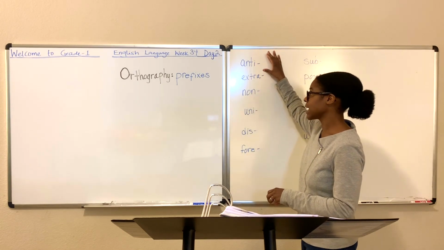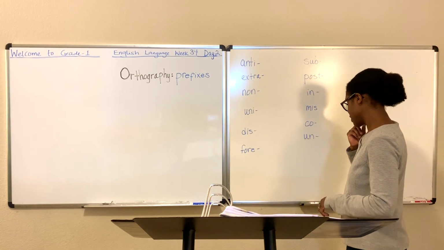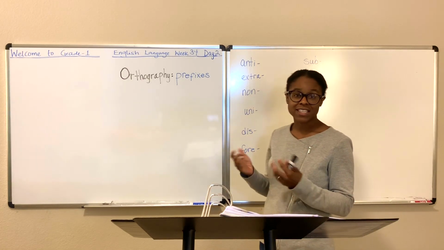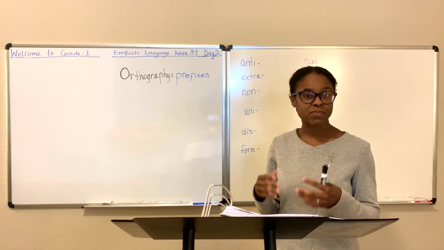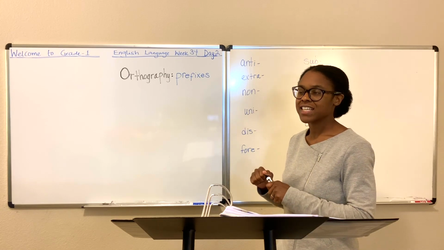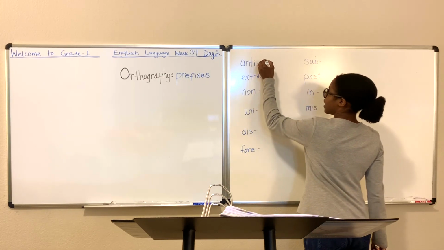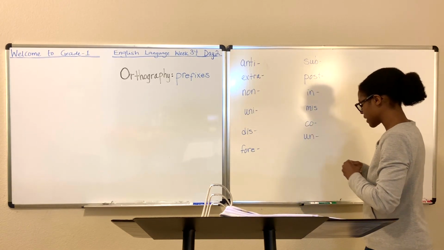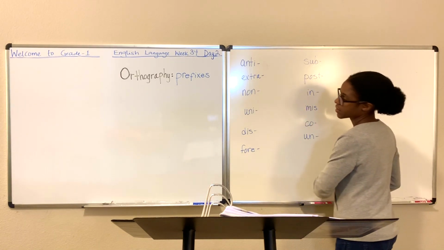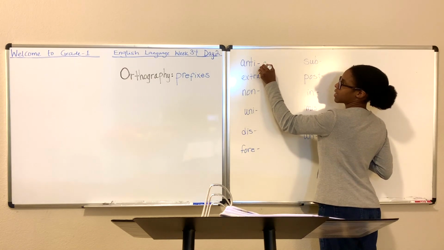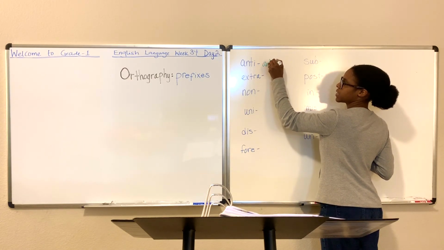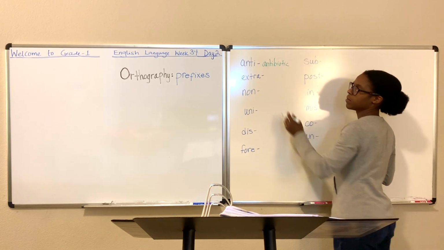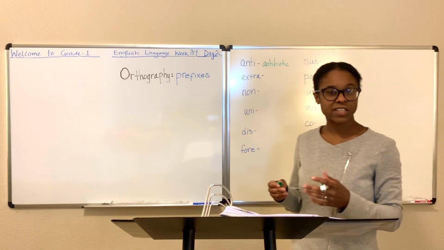The prefix anti, you can find this in words like, the word anti just means against. It means you're against something or someone. If I say, take this antibiotic, an antibiotic is a drug that people take to get rid of undesirable bacteria.